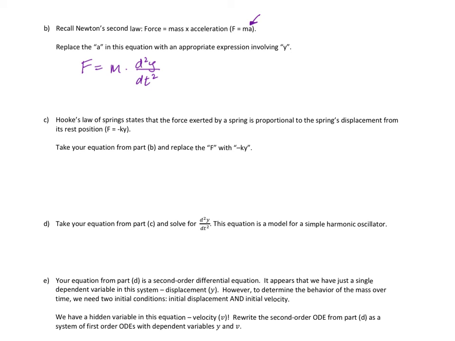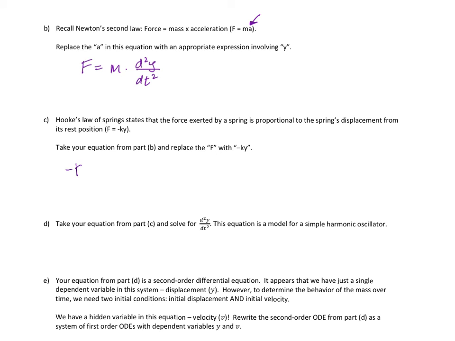Hooke's law of springs states that the force exerted by a spring is proportional to the spring's displacement from its rest position. So force, F, is proportional, which just means a constant times displacement, and y is displacement or position. So I'm going to take my equation from part B, and replace the F with negative ky.